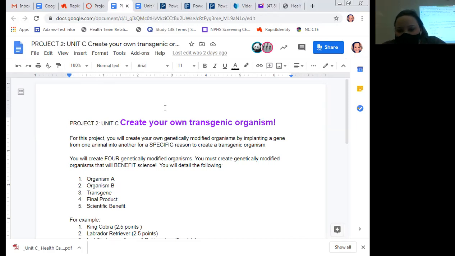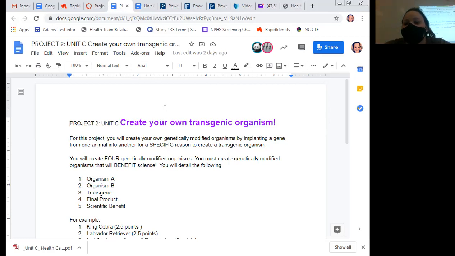I'm going to explain that to you, but you have to detail at least 5 things for each organism. Organism A, your first thing, is what you're taking your transgene from. Organism B, where it's going. You have to detail what the transgene is, and then you have to tell me what the final product would be. For number 5, in each organism, you have to list what the scientific benefit is.